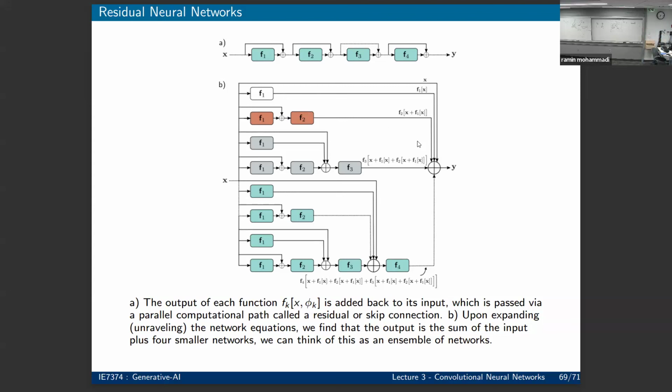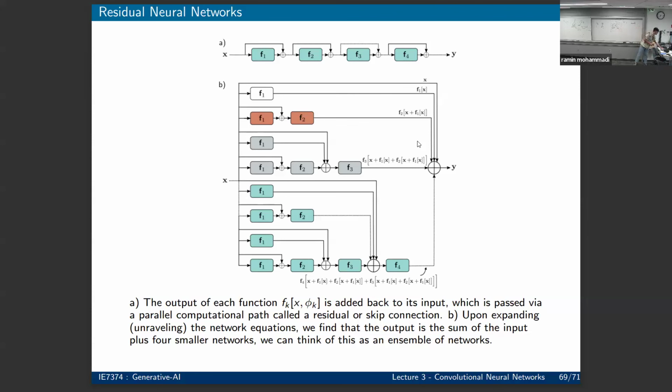You go to F3, it becomes F1 plus F2 plus F3. And you go to F4, it's the summation of all four. If you unwrap it, it looks like that. It's how you do all the summation.